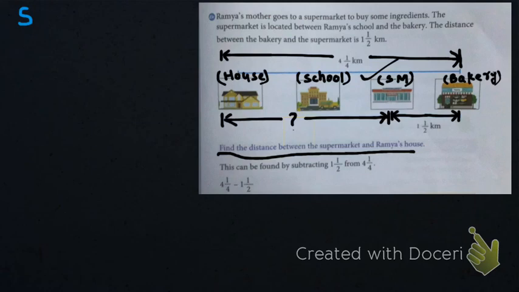To find the distance between house and supermarket, you will subtract 1.5 from this total distance. We have already calculated this total distance, 4 1/4 kilometer. So you'll subtract this distance.